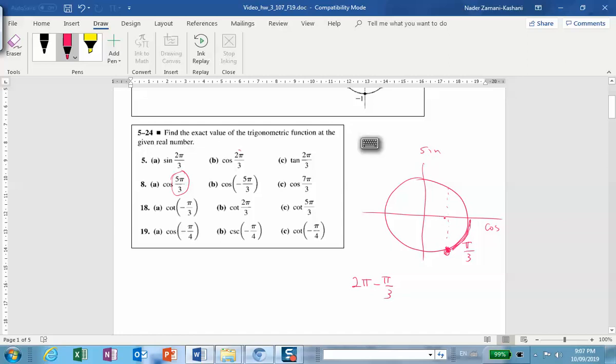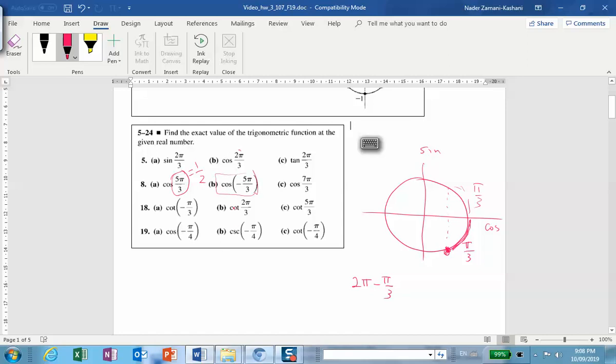So this is 1/2, because cosine of pi over 3 is 1/2, and therefore cosine of 5 pi over 3 is also 1/2. This is pi over 3. Okay? Now, cosine of minus 5 pi over 3, let me remind you that the easiest way of doing this is to say that, wait a minute, cosine is an even function.